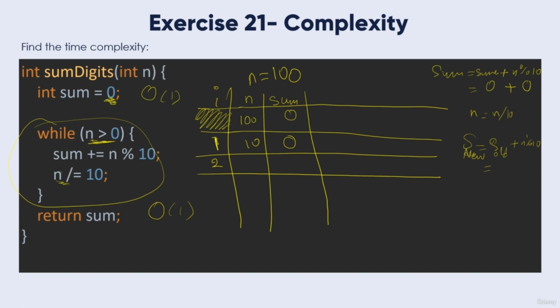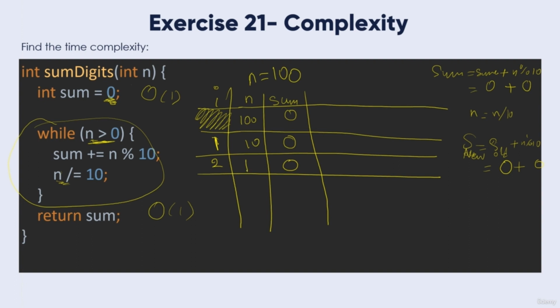The old sum is 0, plus n modulo 10. n is 10. 10 modulo 10 is equal to 0 because 10 divided by 10 is 1. There is no remainder, so it is also 0. So the sum is 0. n is divided again by 10, so it is 1.